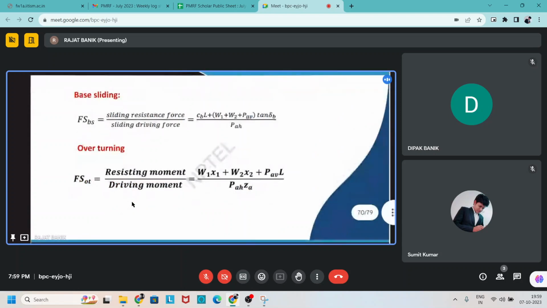For base sliding, the factor of safety is the ratio of the sliding resistance force to the sliding driving force.